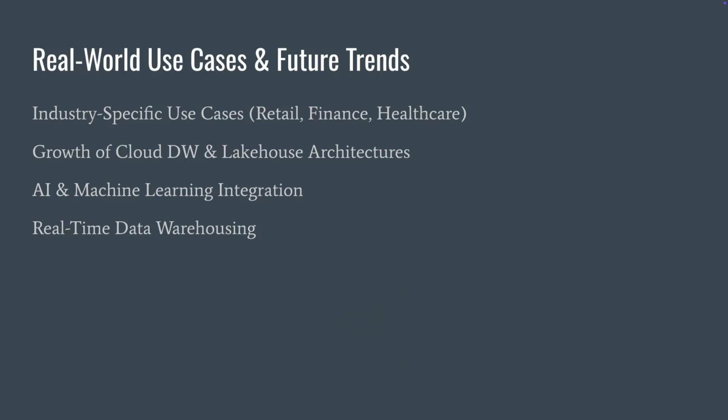Now, let's talk about the growth of cloud data warehouse and lakehouse architectures. The shift to the cloud has been dramatic, with platforms like Snowflake, Amazon Redshift, and Azure Synapse offering easy scalability and lower maintenance.